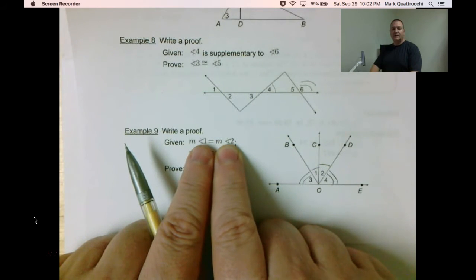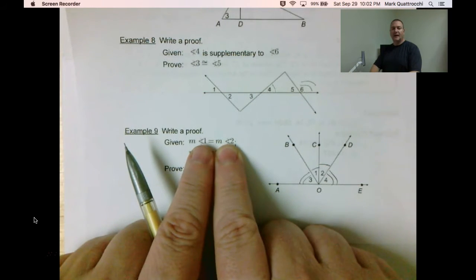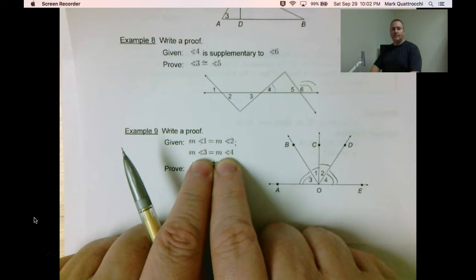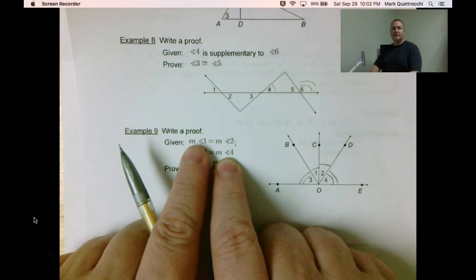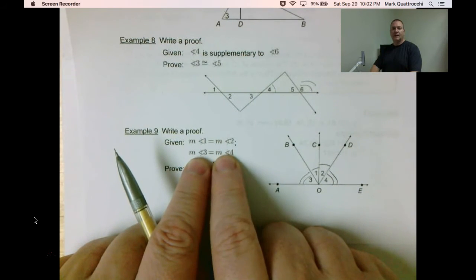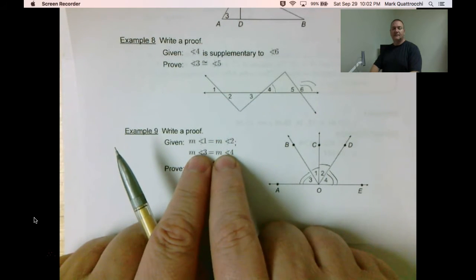And the new statement is, again, an equation. Well, what are two things that are equal that I can add one of them to the left and one to the right? Right here. I can add measure of angle 3 to the left-hand side. I can add the measure of angle 4 to the right-hand side. They are equal things. They're going to keep the equation balanced. When I do that, I'm going to get a new statement that is a true statement.